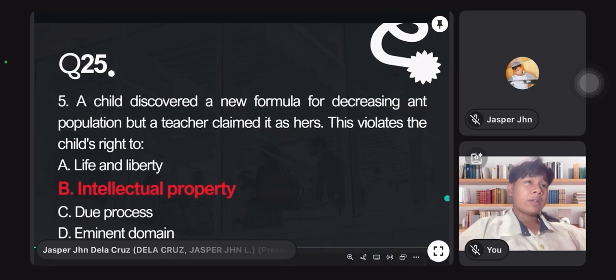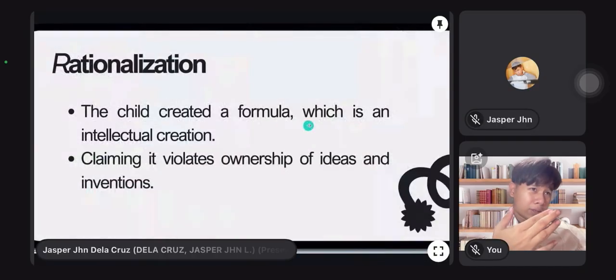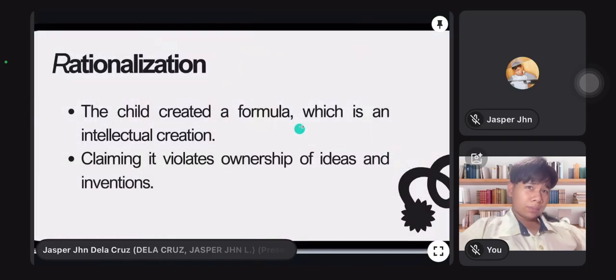And eminent domain, that involves government property. So for the answer, that is intellectual property, as the child created a formula, and then the teacher claimed it, violating ownership of ideas and inventions.